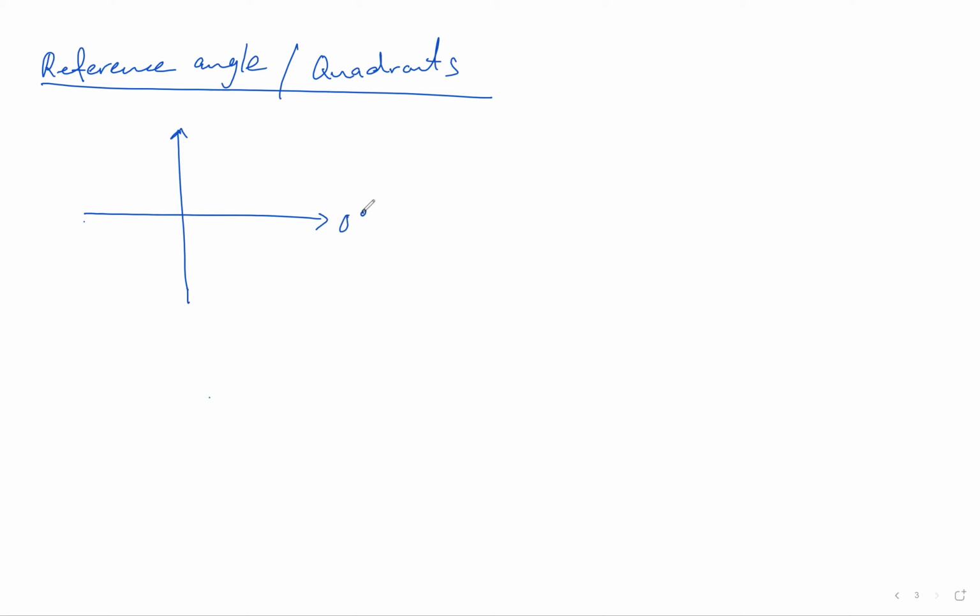So this is your 0 degrees, this is your 90 degrees, 180, 270, and this is called 360. Okay, so you must always go clockwise. So this is called your first quadrant, second quadrant, third quadrant, fourth quadrant.